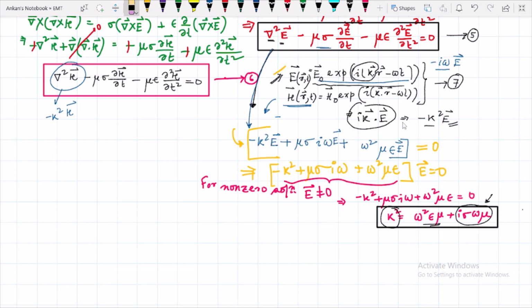So k square is nothing but mu epsilon omega square plus I sigma omega mu.